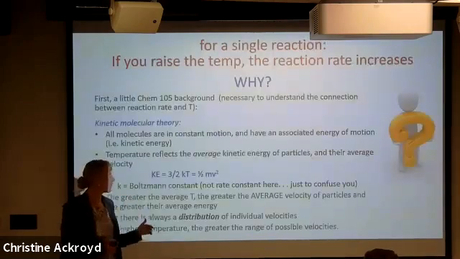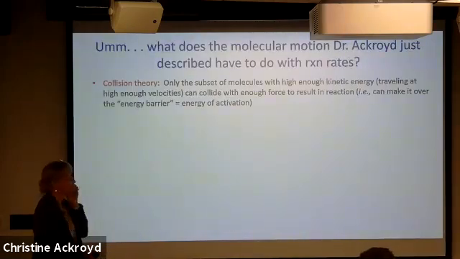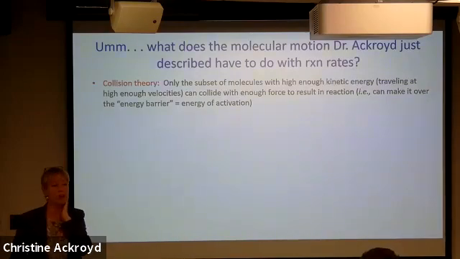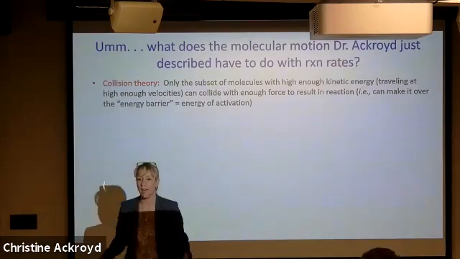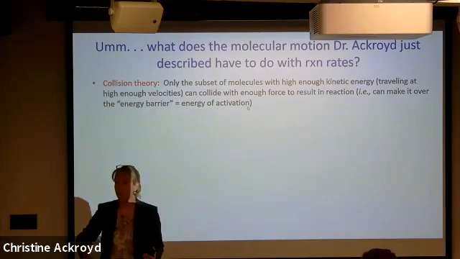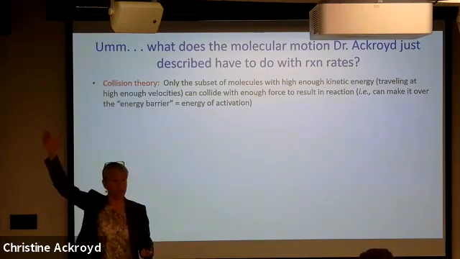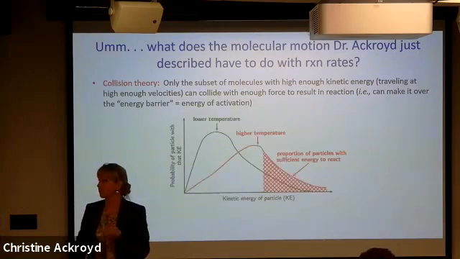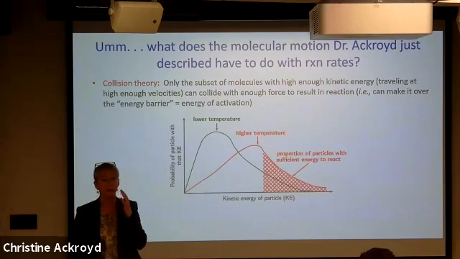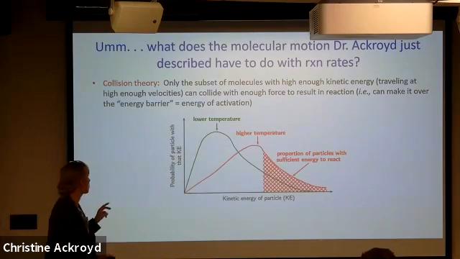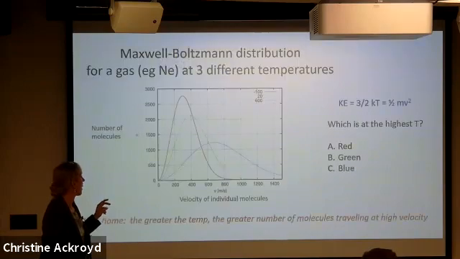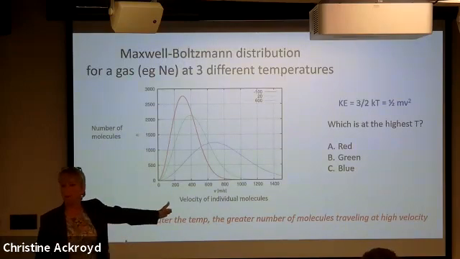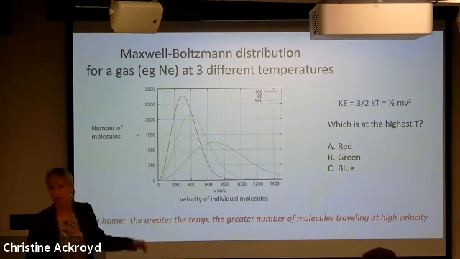So what that means is, in general, the faster molecules are moving when they collide in order to start a reaction, the more energy is available to them to go over the energy of activation barrier and go to product. But since molecules are traveling at different velocities, do all of the molecules collide with enough power to make it over the energy of activation barrier?